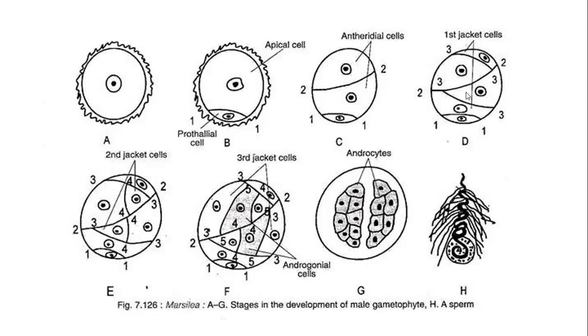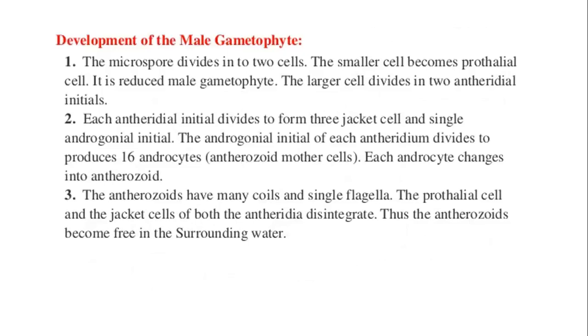Now, these antheridial cells will undergo periclinal as well as anticlinal divisions, forming the jacket layer of cells, and at the same time, it results in the formation of androgonial cells. Once the androcyte mother cells or the androgonial cells are ready, the prothalial cell will disappear, and each androcyte mother cell will transform into an anthrozoid.